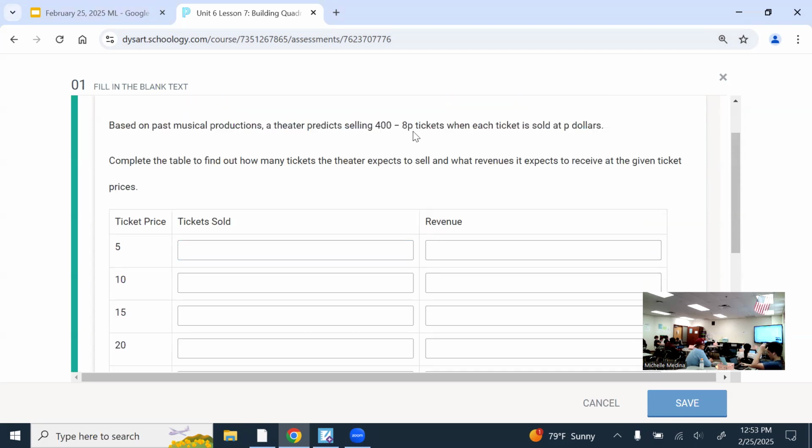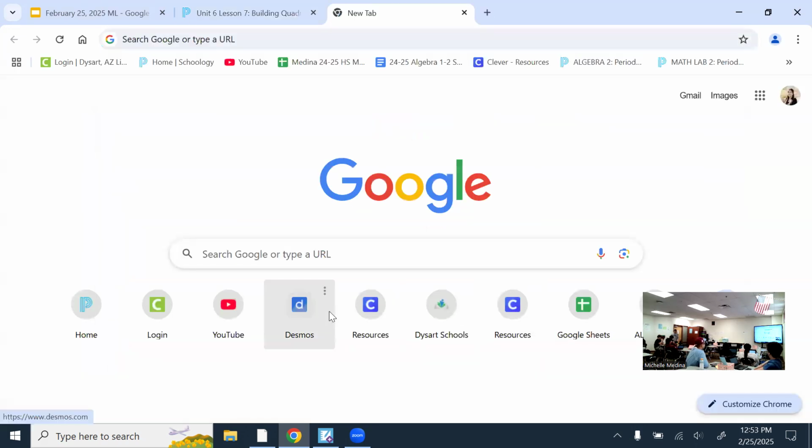So your tickets sold, they are telling you, is given by this expression. And they're saying that the ticket price is going to be P. So this is what you're plugging into each of these, and that's what you're putting here. Okay, so I'm going to do that in a calculator off to the side.